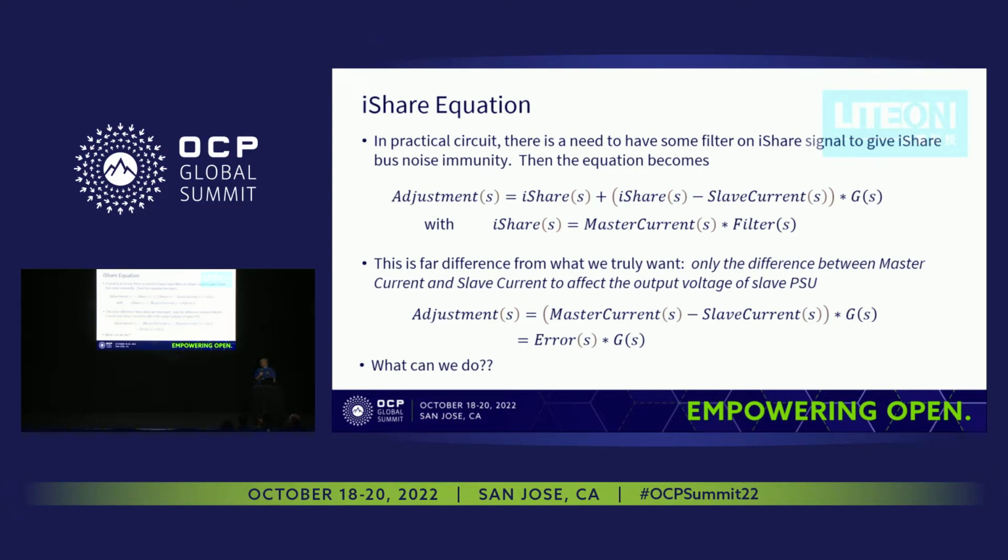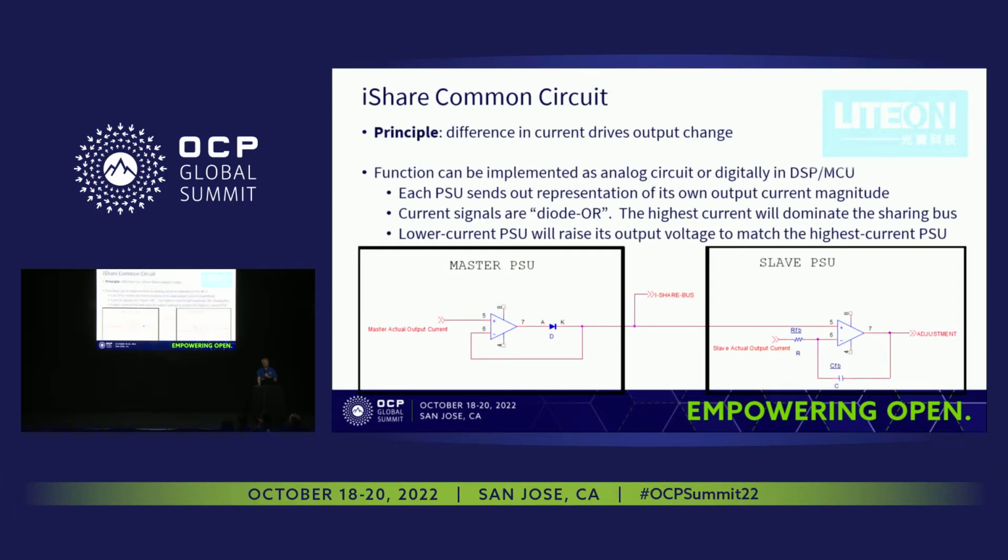Here, there's one more problem. I'm going to go back to the circuit to show you. In this circuit right here, the super diode circuit, this is a nightmare to the analog people. This op-amp has to swing all the way to negative when it's a master, and it has to swing all the way to zero when it's a slave, and then it has to come back to normal when it is a master.